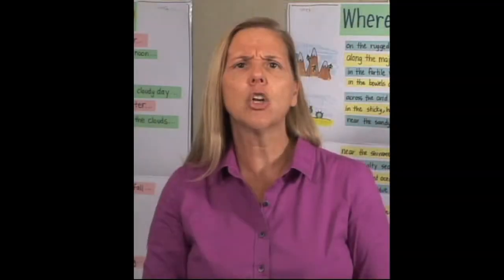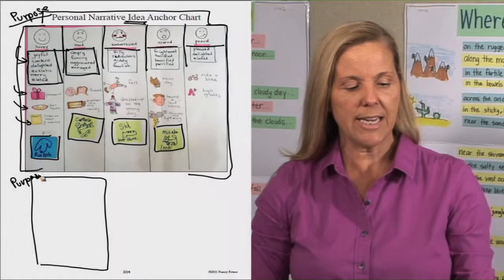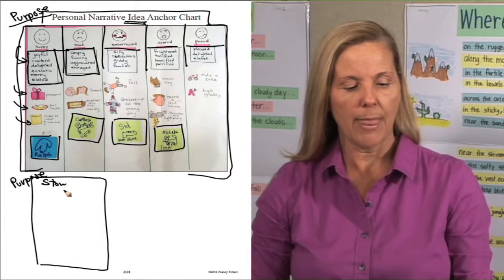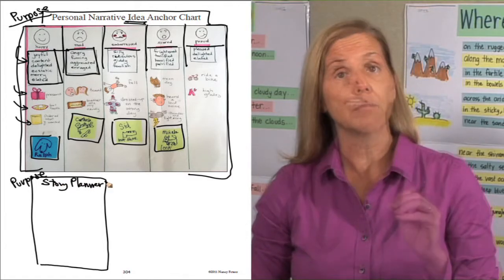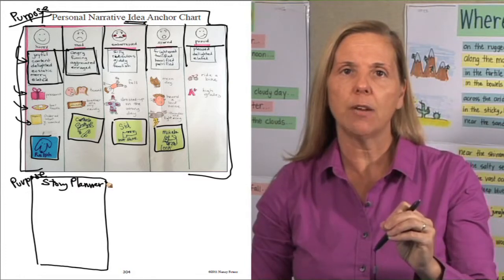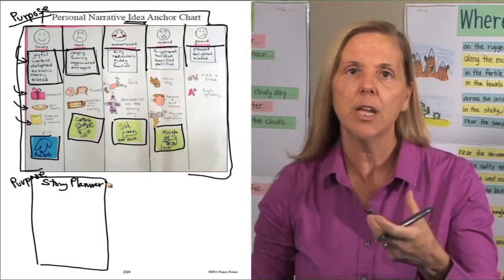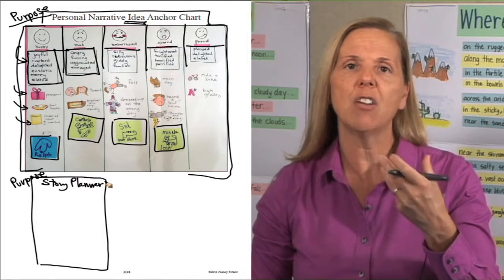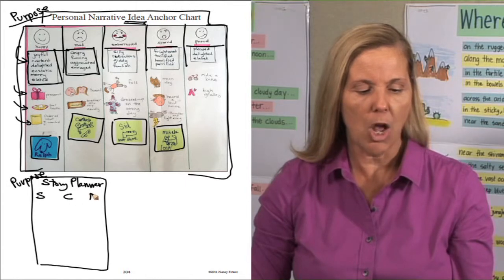Let's look at building ideas for an imaginative story. Our purpose is a story planner. And when I say story planner, I'm talking about an imaginative story. This is an ideal strategy for you to connect reading to writing, but also increase comprehension and give students an understanding of why they need to know setting, character, plot.